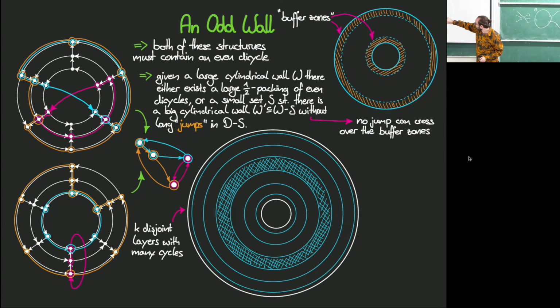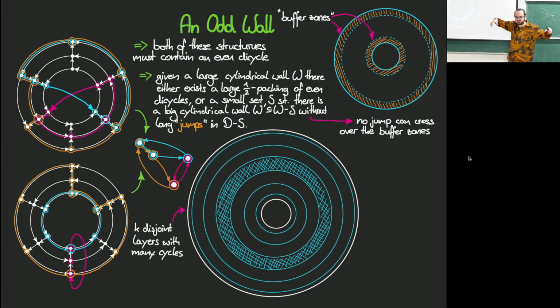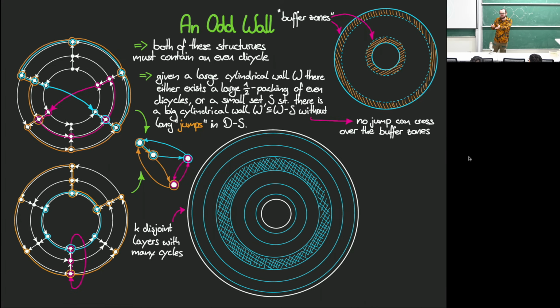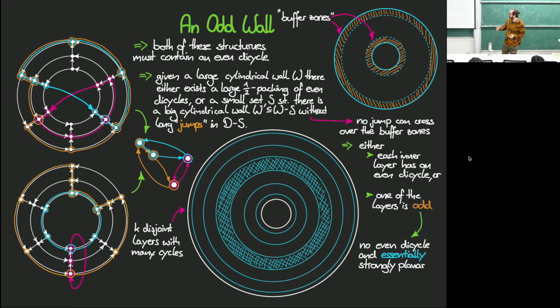So I can have many of these guys that are kind of protected by their own buffers. And if I have k of such layers, I can ask each individual layer, do you have an even cycle? If everyone answers yes, I found k even cycles. So one of them says no. And this means I find a layer that's completely odd on its own. This will be my starting point.